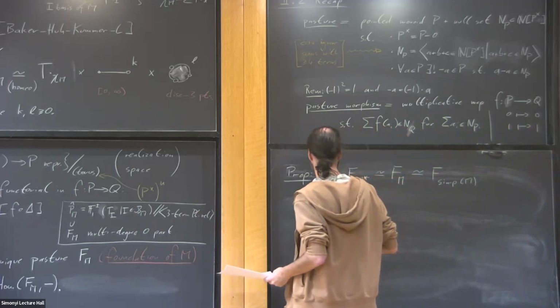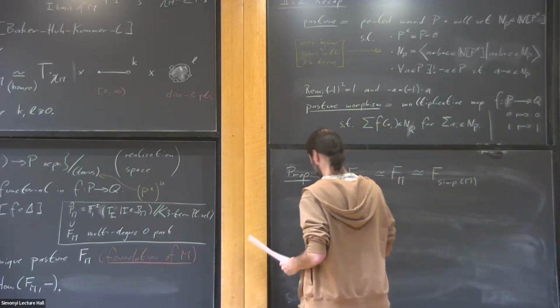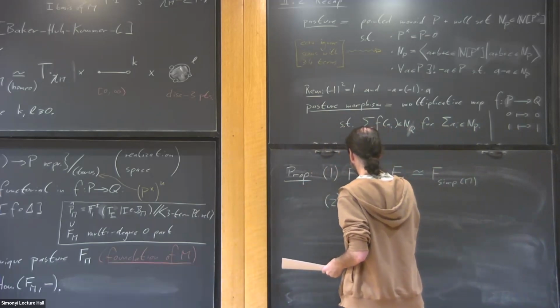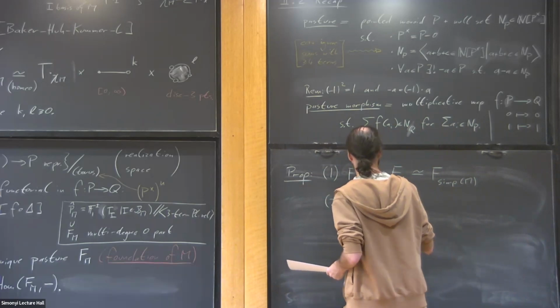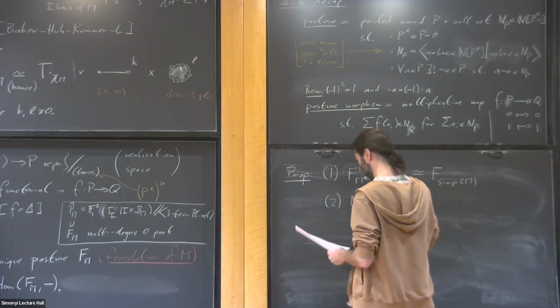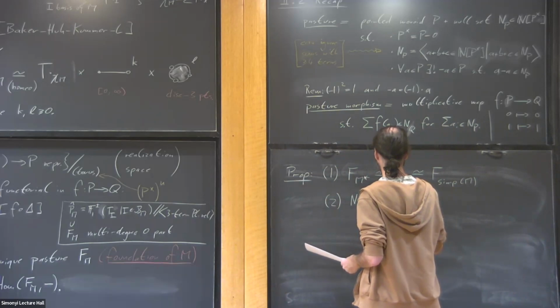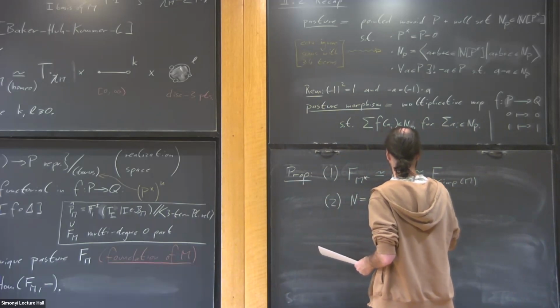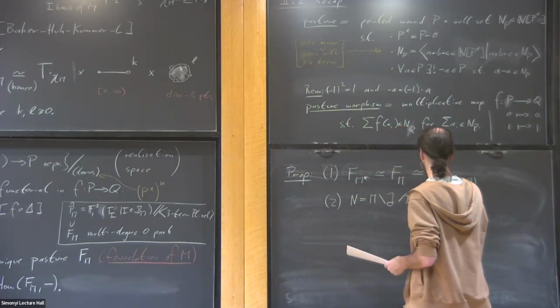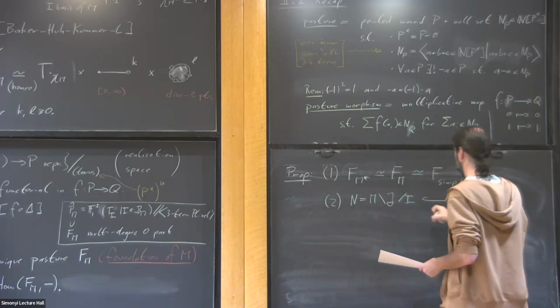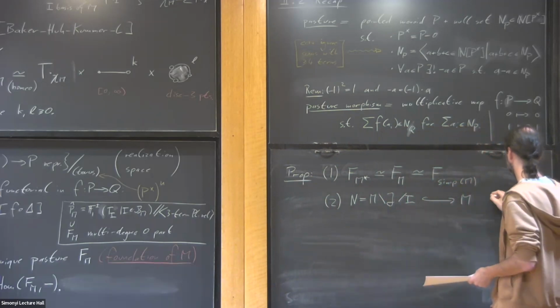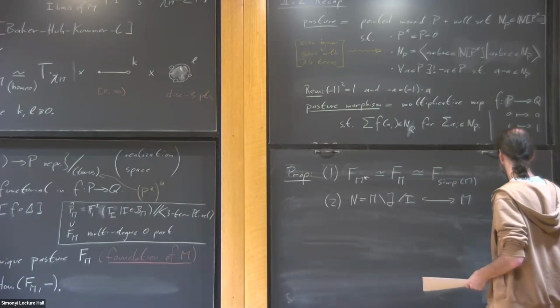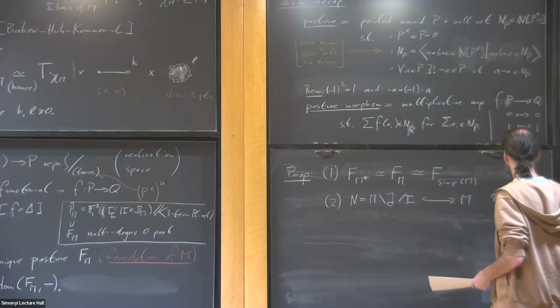Second property, which I will use a bit: if we have a minor of M, a minor means we exclude some subset J and contract I, and I write this minor as embedded in M, and I call this an embedded minor.